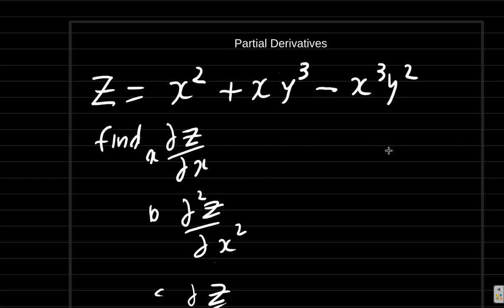Here we have z is equal to x squared plus xy cubed minus x cubed y squared.